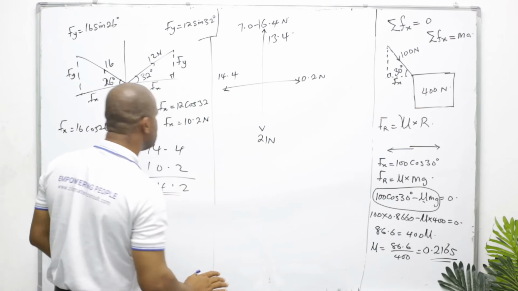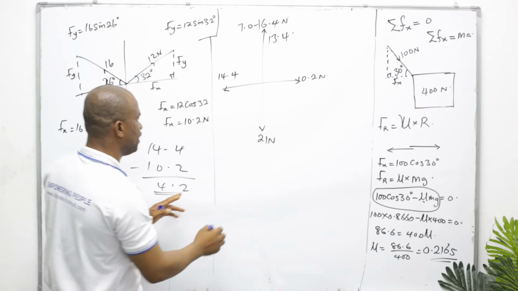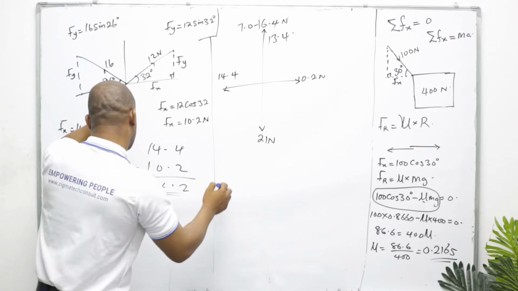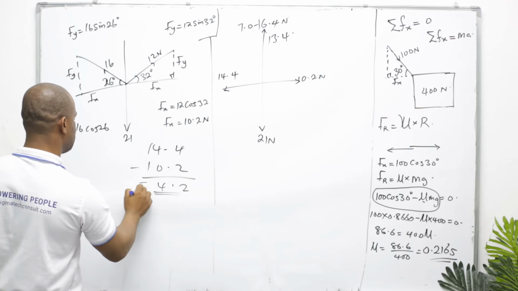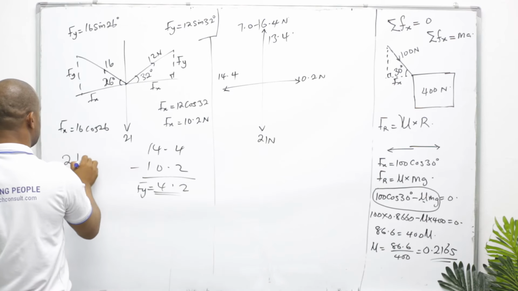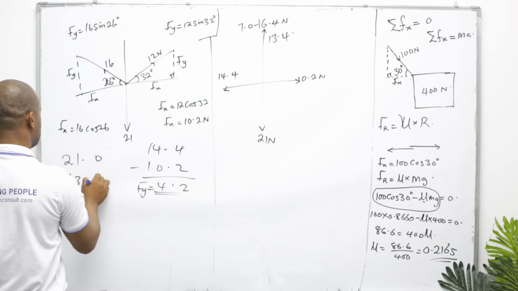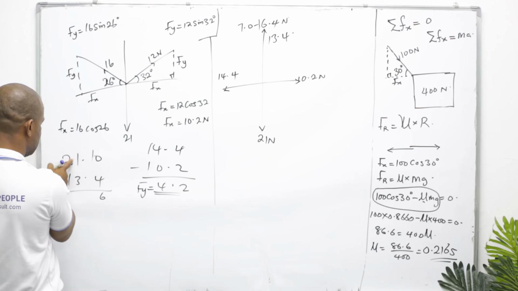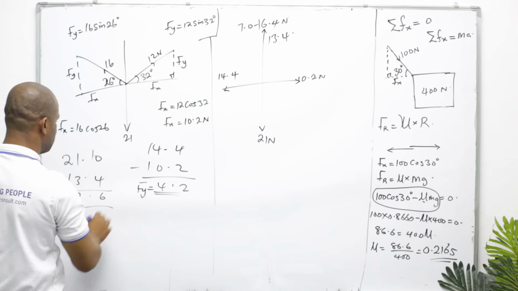Alright, what it simply means is this. We also do that subtraction for Fy. So this is 21.0 minus 13.4. 20 minus 13 is 7, so 7.6.